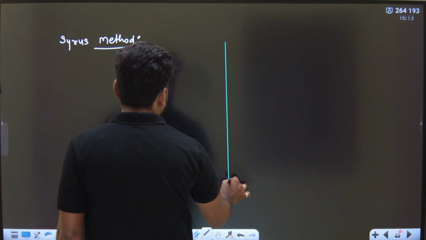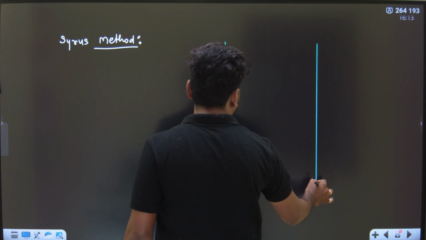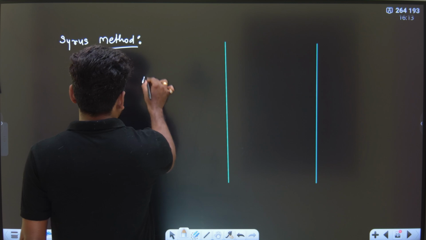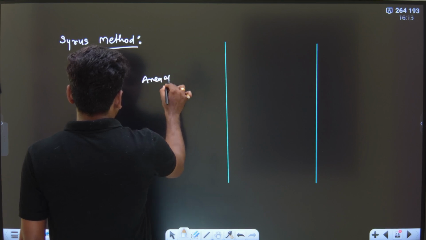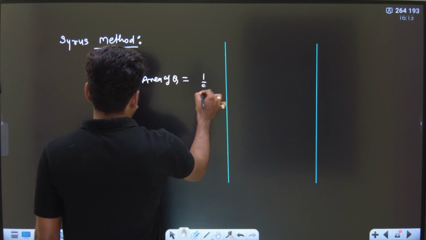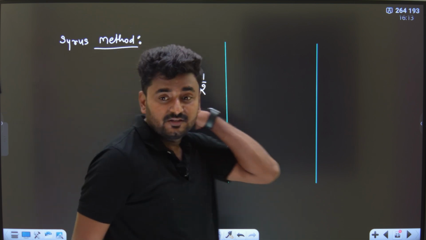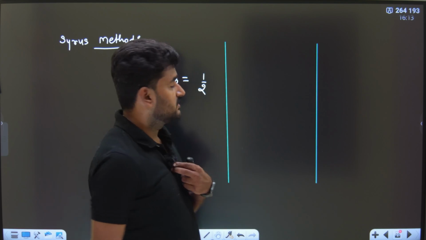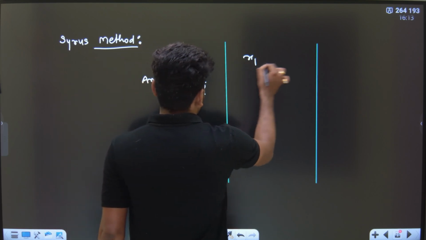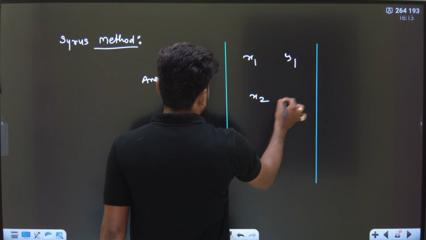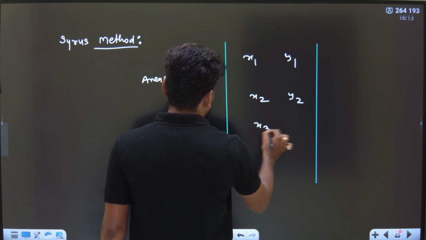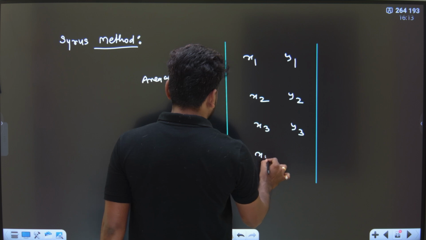Suppose the area of quadrilateral will be 1 by 2, and suppose the vertices of any quadrilateral are given: x1 y1, x2 y2, x3 y3 and x4 y4.